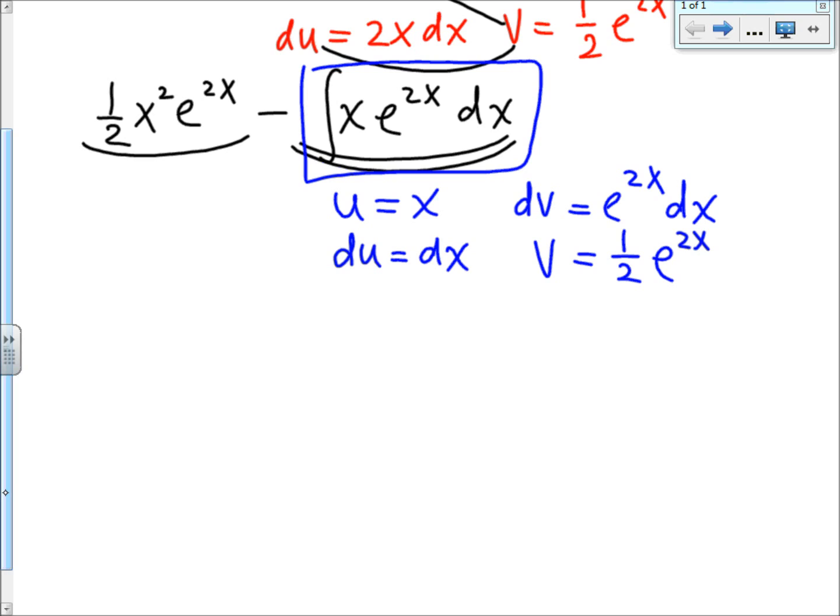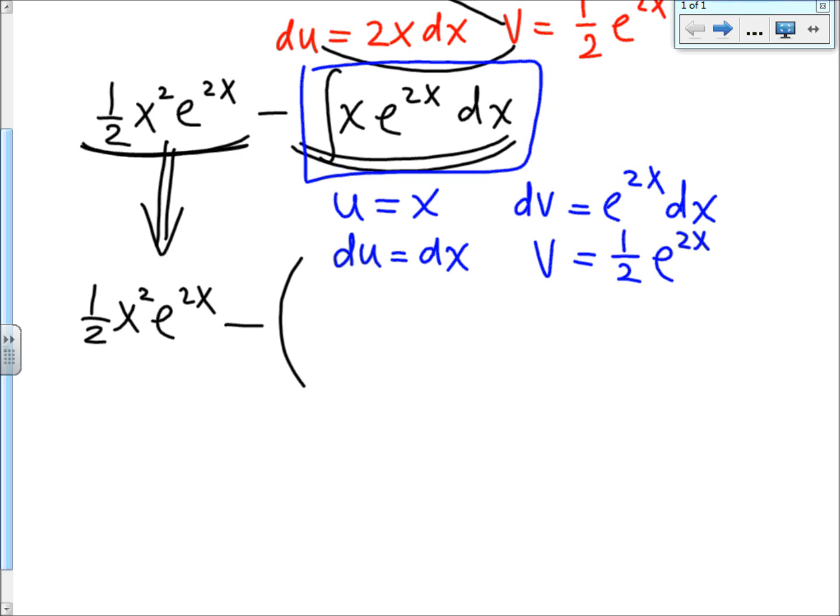Okay? All right, so now we come down here. But you got to be careful how you write this now. This is where you just have to be careful. Mathematically, you have to keep everything in check. I'm going to start with this piece that I have right here. So I'm just going to bring this straight down. So this will be 1/2 x squared e to the 2x minus. Now, here's the thing. What do I need to do mathematically here to keep this all correct? Parentheses, okay?